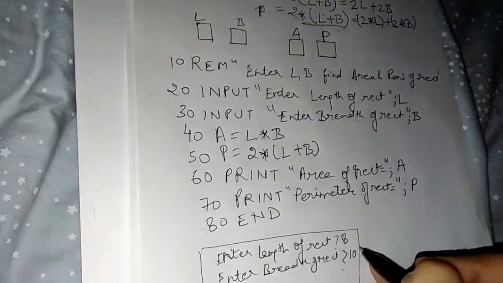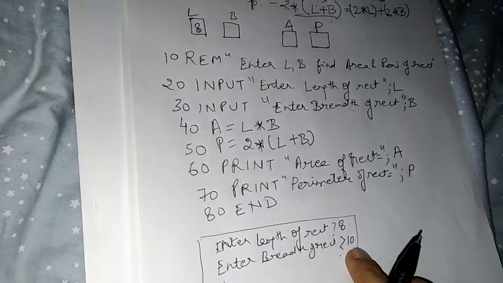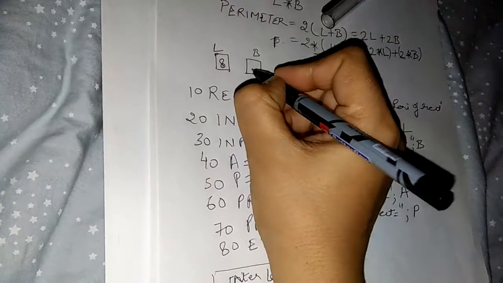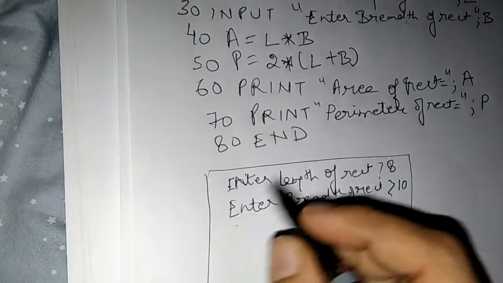Now the processing will be done. L will store 8 in memory. B will store 10 in memory. Now what will A store?